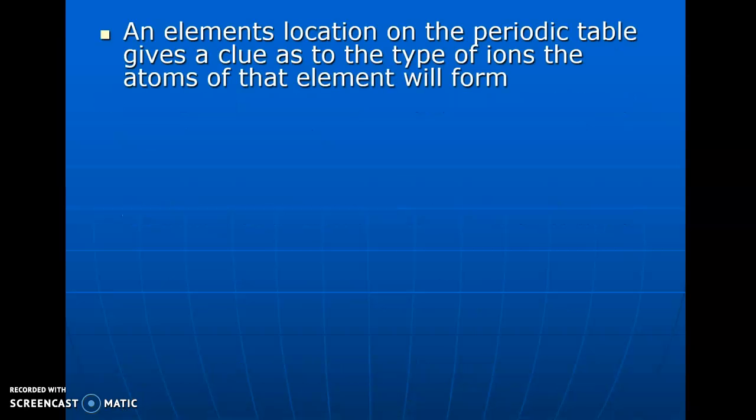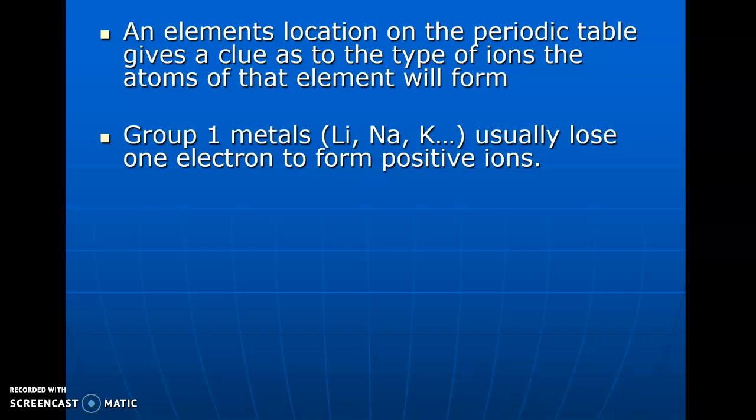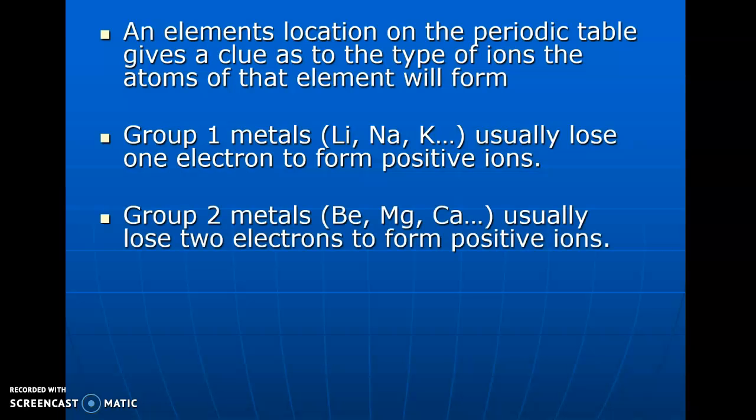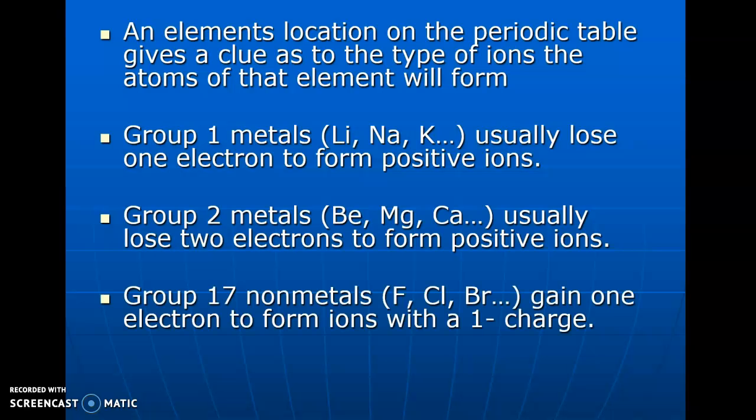Remember that an element's location on the periodic table can help us to figure out what type of ion it's going to form. We looked at the alkali metals, group 1, as losing an electron, so they were forming positive 1 ions. Group 2, the alkaline earth metals, remember they lose their 2 electrons to form positive 2 ions.